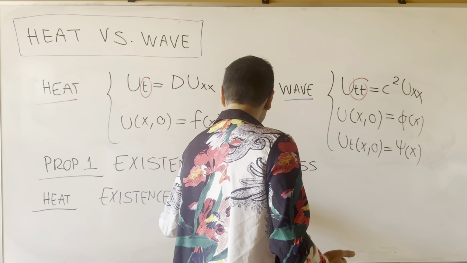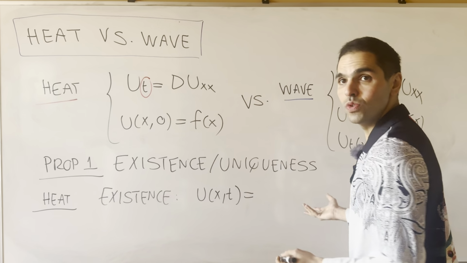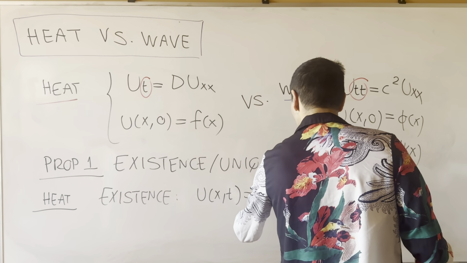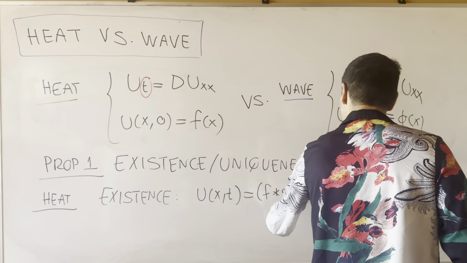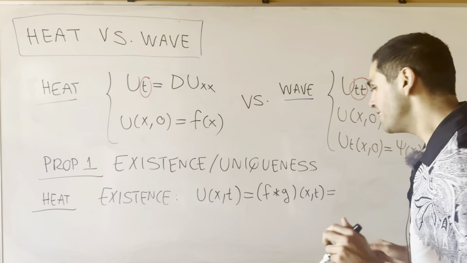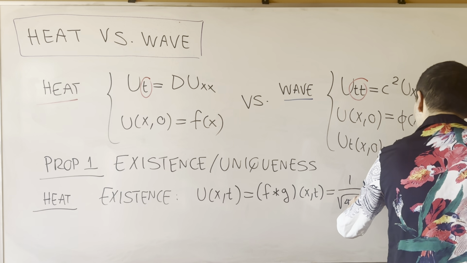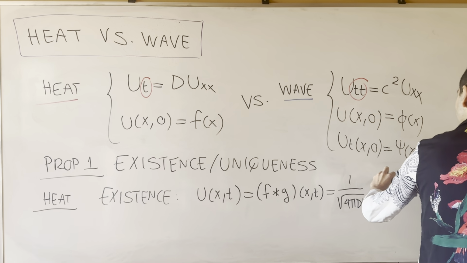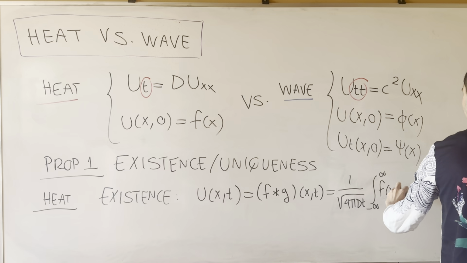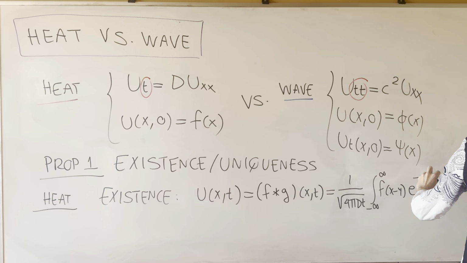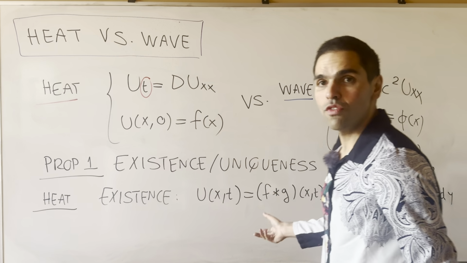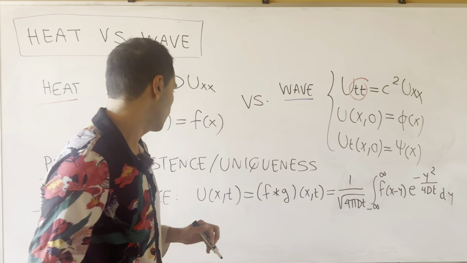So u(x,t) is just a convolution of f with the heat kernel, f star g (x,t), which in this case is 1 over square root of 4 pi dt, integral from minus infinity to infinity of f(x minus y) e to the minus y squared over 4dt dy. So in other words, you just convolve the initial condition with the heat kernel.